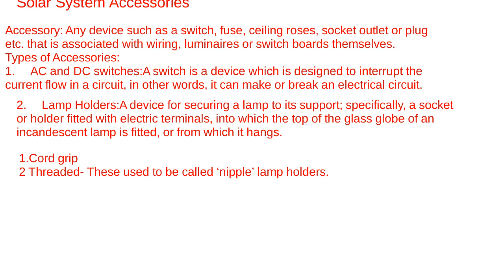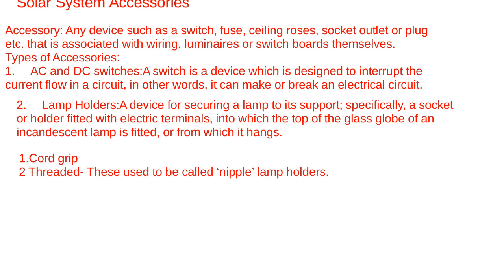And the threaded part usually come in a range of metric and imperial sizes. So depending with the size of the bulb that it will be able to hold with those threads. So it comes in sizes, and these sizes are usually measured in millimeters, maybe 14, 26, 30, and so on. So that is another type of lamp holder.